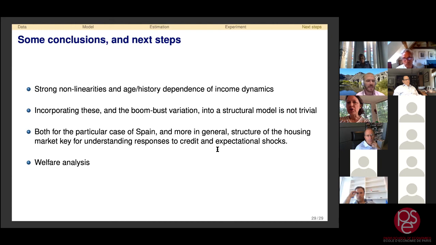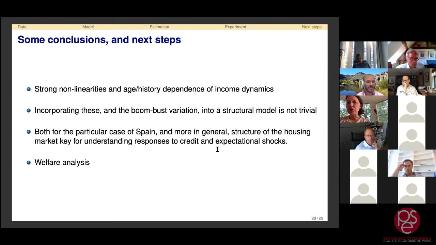So there is some data on that, and of course it's an issue for us, because arguably this kind of boom and bust phase in Spain has been one of the main characteristics, a potentially crazy or irrational, or whatever you want to call it, dynamics of housing market expectations. So in that sense the answer to the question is yes, and we are not yet accounting for that in this model. Yeah. Thank you.